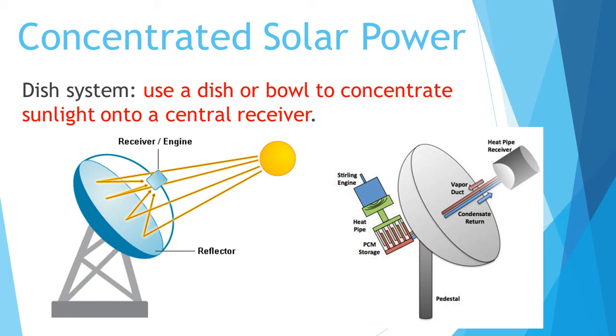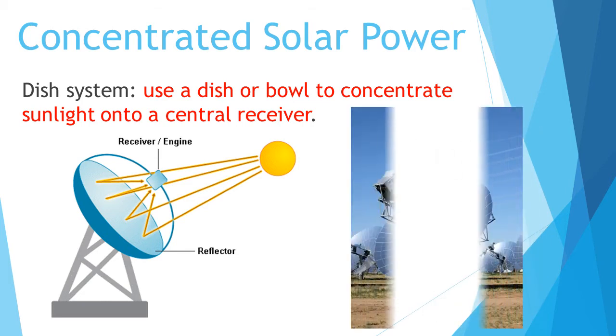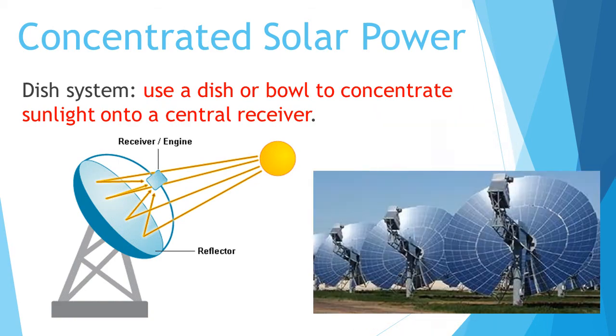All right, and the sunlight is being reflected onto that receiver. And like any other system, within the receiver, water is being boiled, creating steam, powering a turbine and a generator to create electricity. Now it looks a little something like this, okay, or like this. Okay.